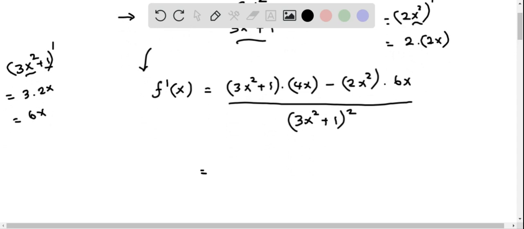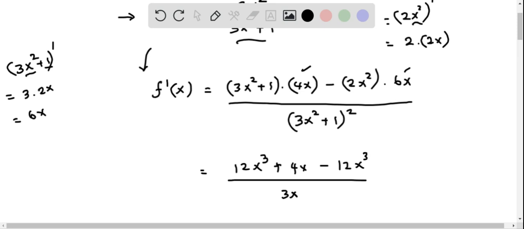Let's simplify this. And so this gives, let's distribute the 4x. 4x times 3x squared is 12x cubed, plus 4x times 1 is 4x, minus this one is 6x times 2x squared is 12x cubed, and this is over 3x squared plus 1 quantity squared.